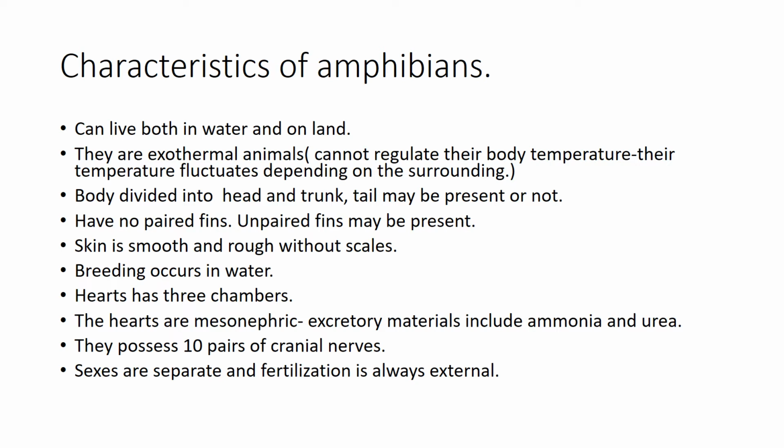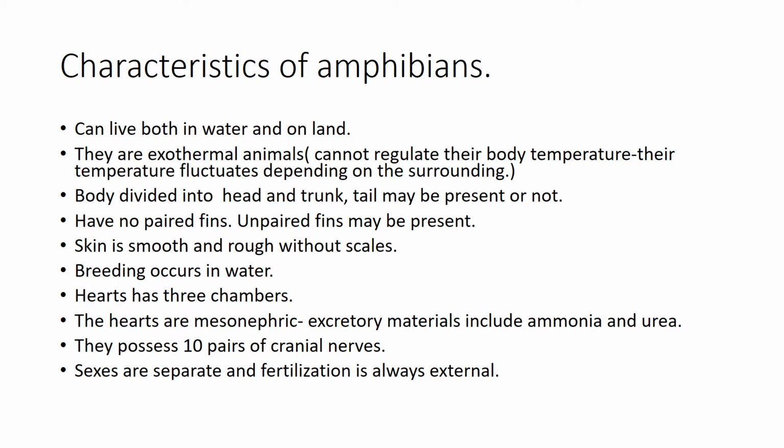Guys, you can remember in our last lesson we said that the heart of amphibians has 3 chambers, which is two atria and one ventricle. The kidneys are mesonephric, that is, the excretory materials include ammonia and urea. Remember, there are 3 developmental stages of kidneys: pronephric, mesonephric and metanephric.